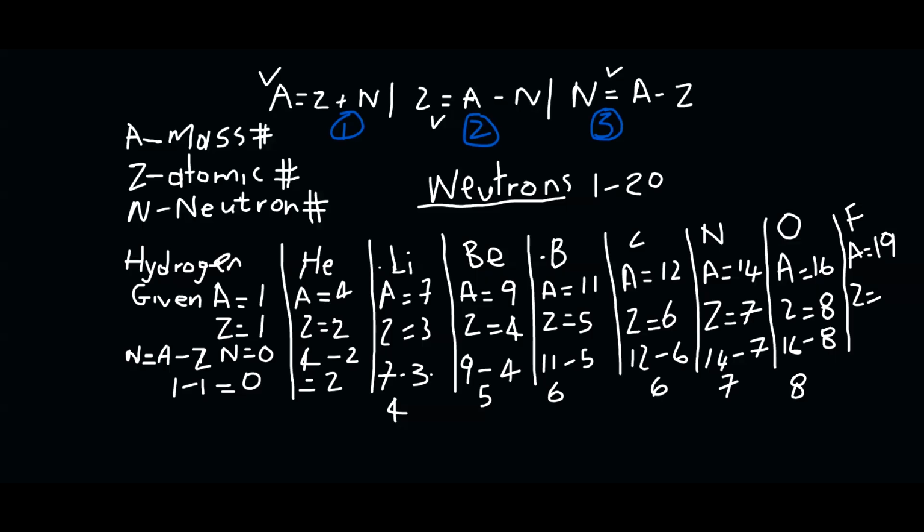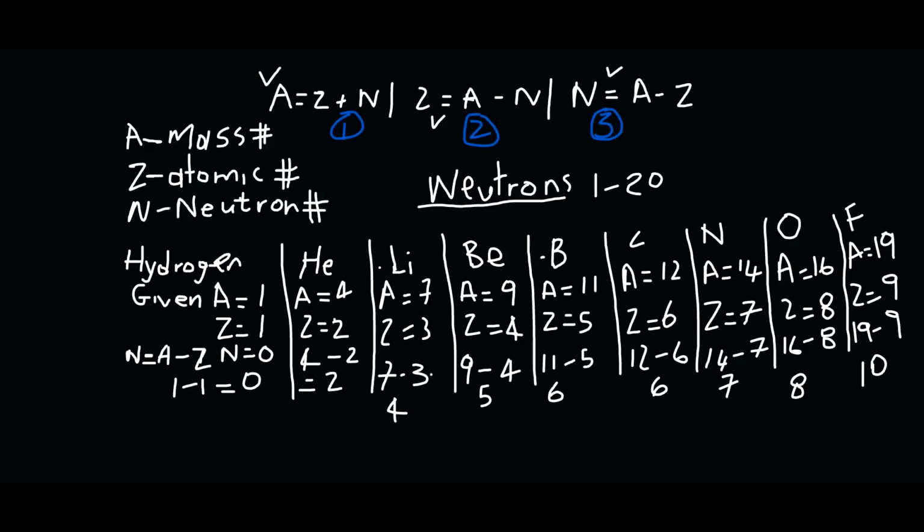What's the atomic number now? 9. So 19 minus 9 is gonna give us 10. Agree? All right, so we're gonna do the next one and then move to a different slide. We're just gonna complete the 10, which would be half, then we move to a different slide.